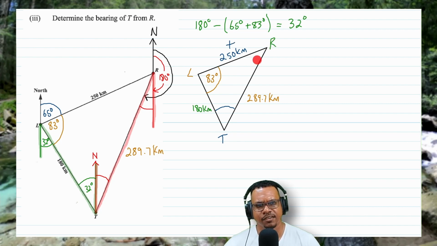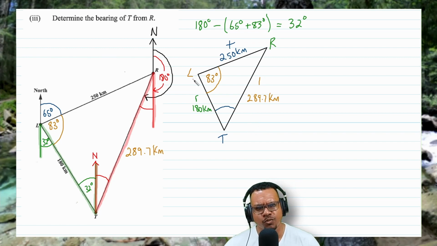If capital R is here, opposite to that, here will be common R. Of course, if capital L is here, then common L will be here. So I said we have all three sides. We can use the sine rule to find any angle we want. We could also use the cosine rule to find any angle we want. But it'll be easier to use the sine rule.